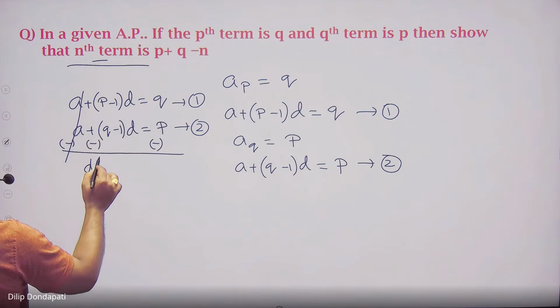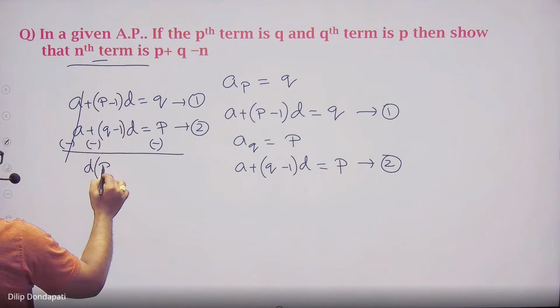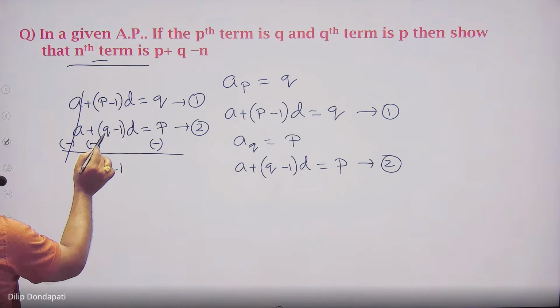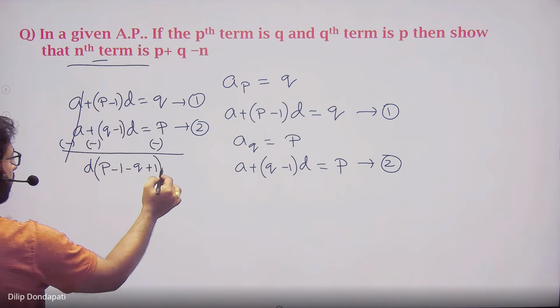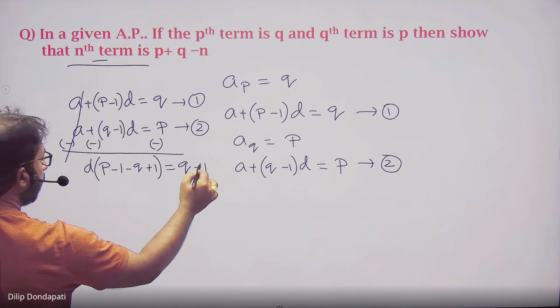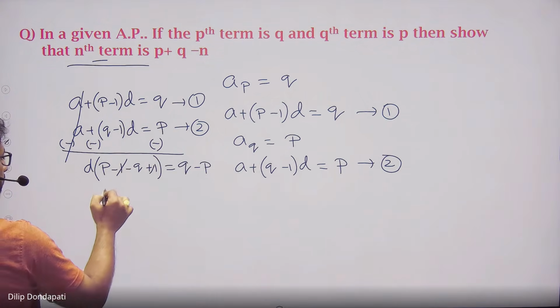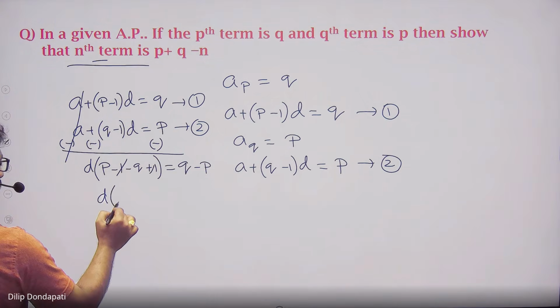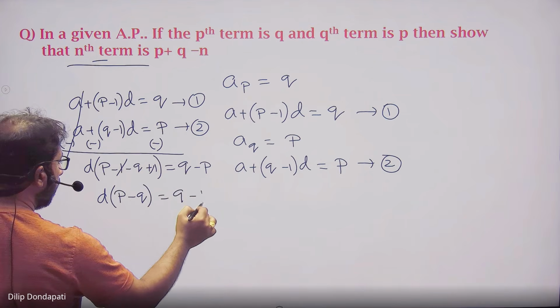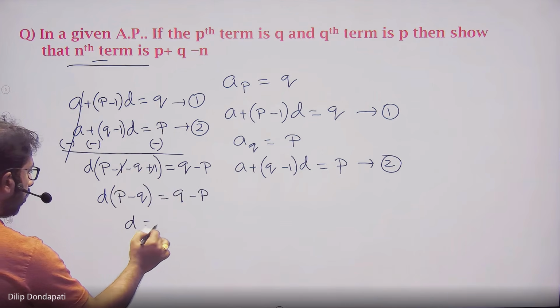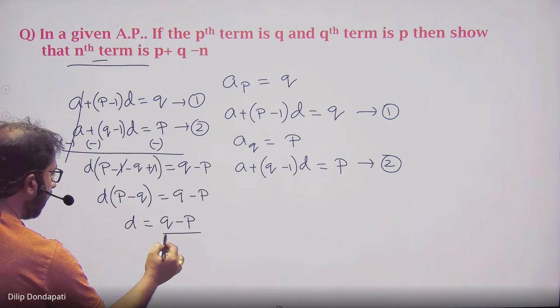What remains is p minus 1, minus q, and minus of minus 1 is plus 1, is equal to q minus p. The minus 1 and plus 1 cancel. So d times p minus q is equal to q minus p, and d is equal to q minus p by p minus q.